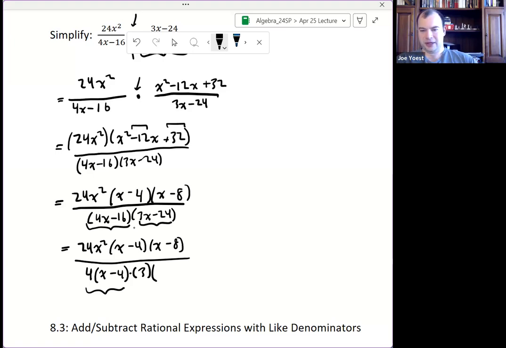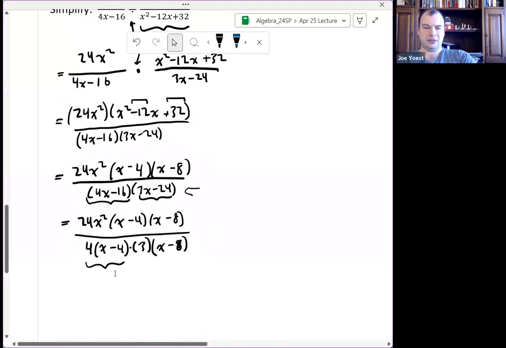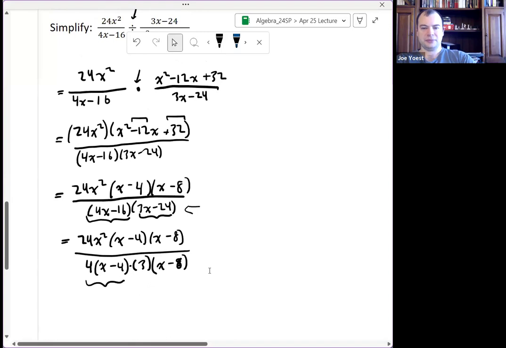But if I factor the 3 out, I'm left with x minus 8. So maybe I didn't see right away that I needed to do more factoring in the denominator, but if I chip away at it step by step, even for a big problem like this, that can sometimes make the problem more manageable. And now I do see common factors.